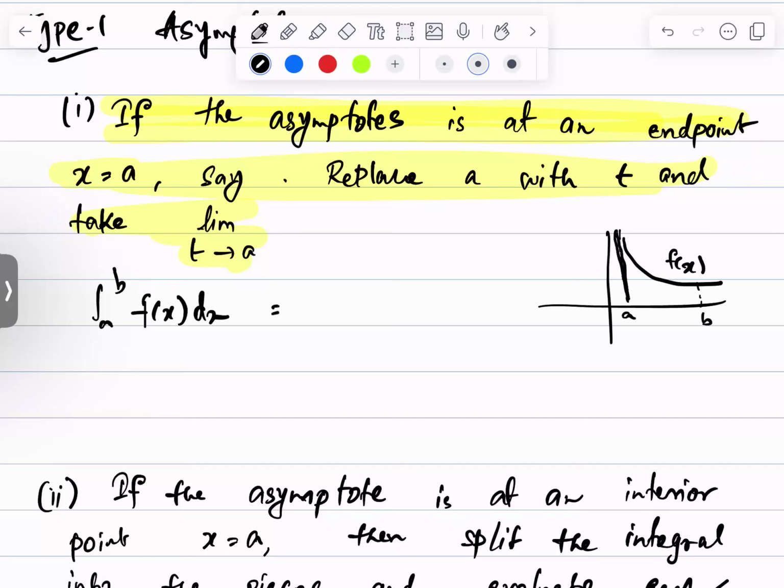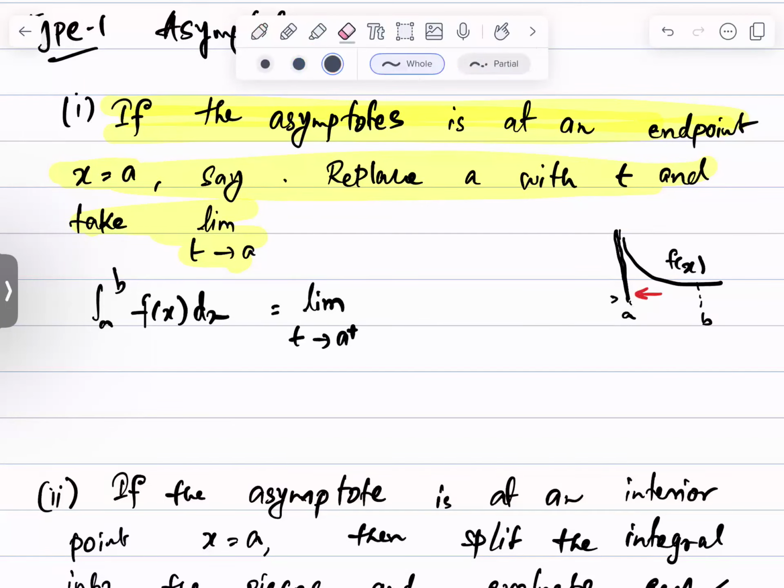So therefore, you should go like this, limit t tends to A plus, because you can't move from the left of A, right? Because that is not in the interval of integration. So you must move from right towards A. That is the correct way.